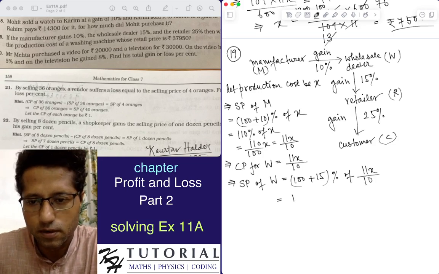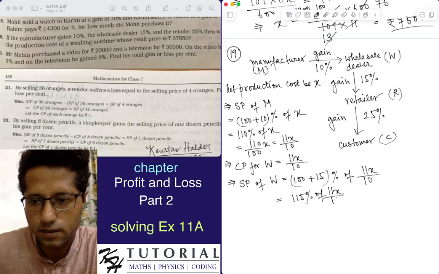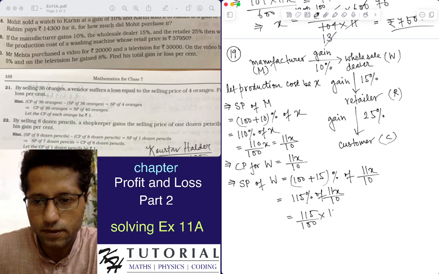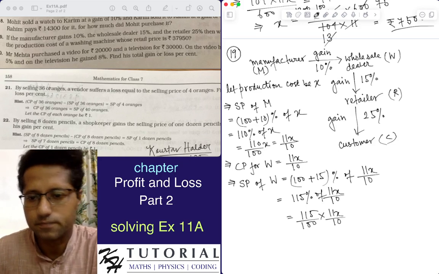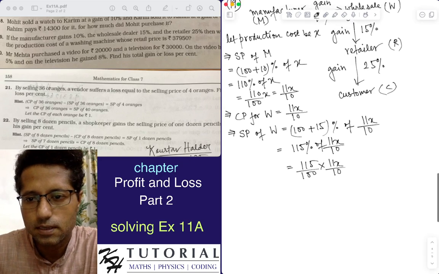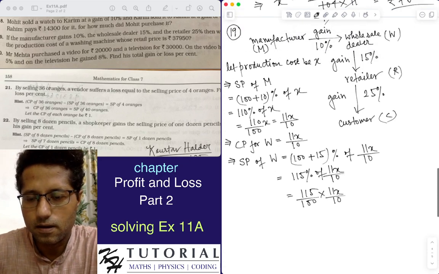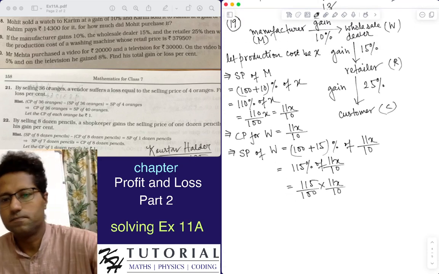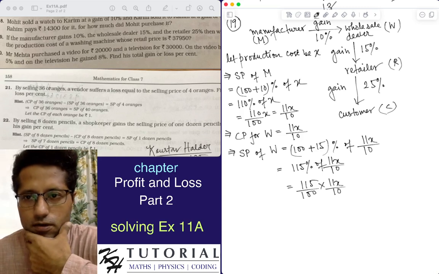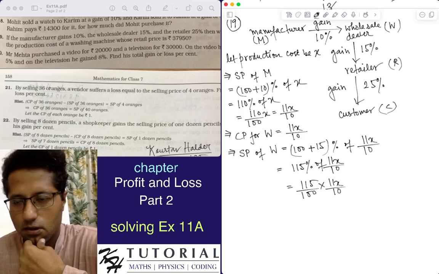This is equal to 100 and 15% of 11X by 10, which is 115 divided by 100 into 11X by 10. This is the selling price, the price at which the wholesale dealer sold the machine to the retailer.